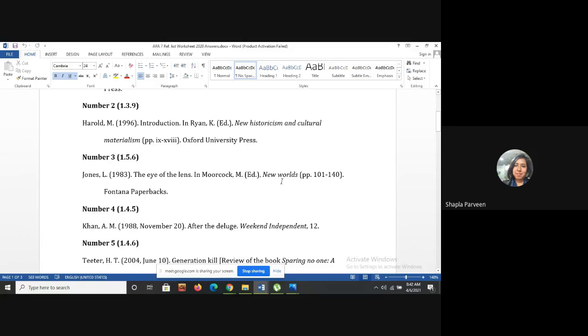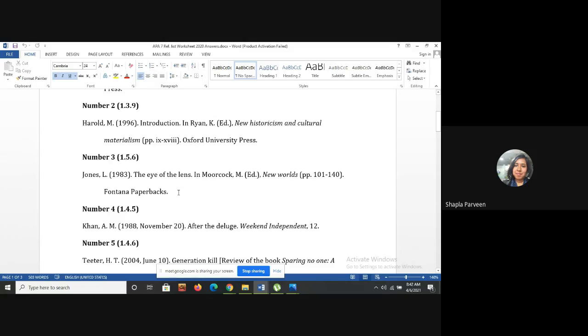And then after that, the name of the book, the name of the anthology, that is New Worlds, which is italicized, you can see. If you were to handwrite, you'd have to underline it. And then the page range is given for that short story, which is pp. 101 to 140, close bracket.